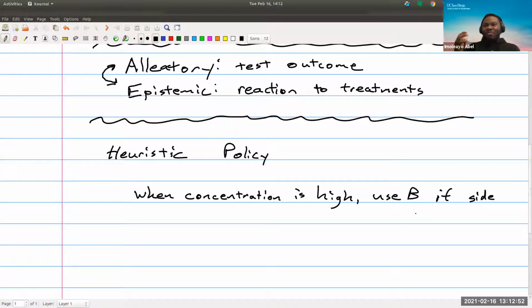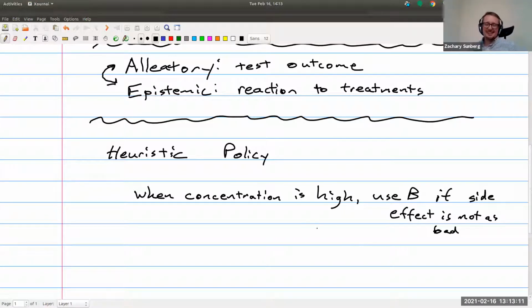So there has to be some relative severity. What is worse, the side effect or the cancer itself? So we're assuming the side effects aren't as bad as the cancer itself, in which case, if your concentration is very high, use medication B. As the concentration decreases, use medication A.